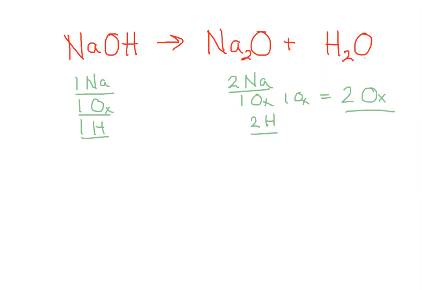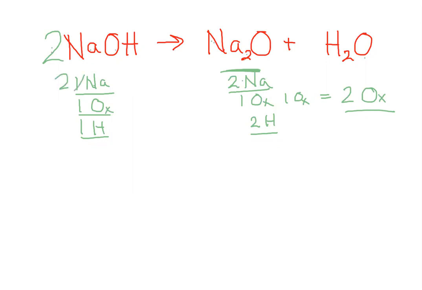So I'm going to start by trying, sometimes it's just trial and error. I'm going to start by looking at the sodium. I got 2 of them over here. I only have 1 here, so I'm going to put a 2 in front. If I put a 2 in front of here, now I have 2 sodium, and I have 2 sodium over here. But on this side, I have 2 oxygen now.